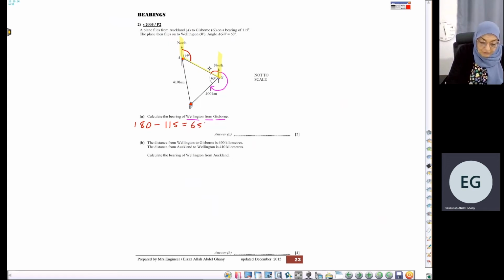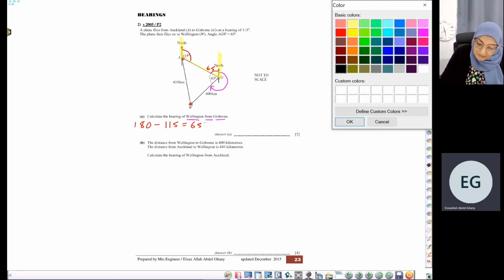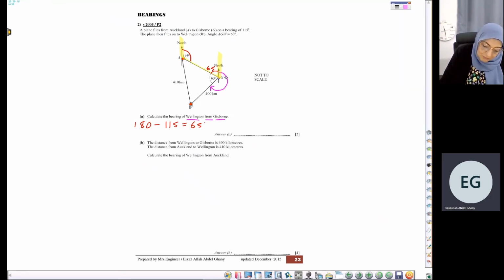You have to write all information you got on the diagram. It will be very useful. And to know this bearing, the pink one, imagine you have a whole pizza and you took from it two slices. One of them is 63 and the other one is 65.